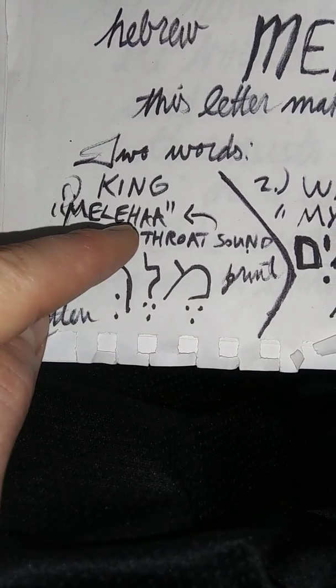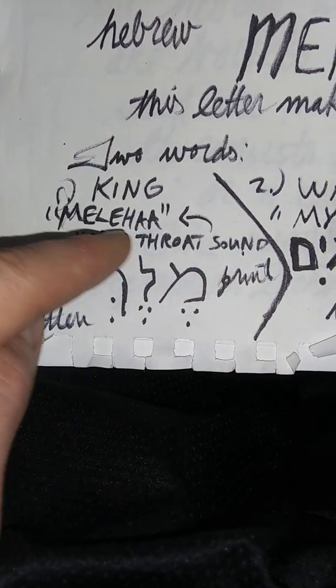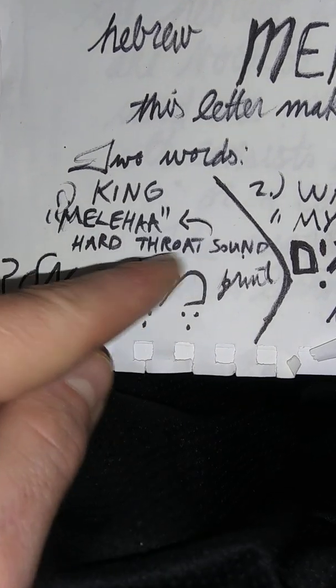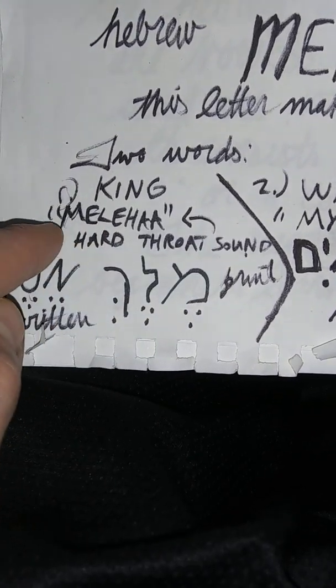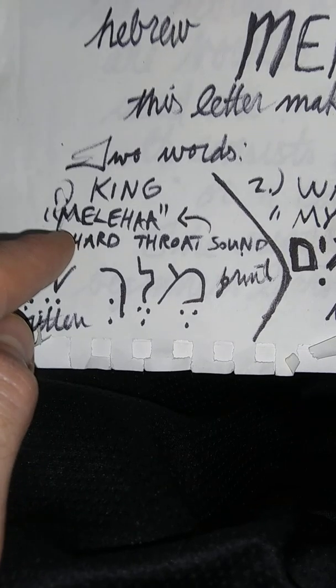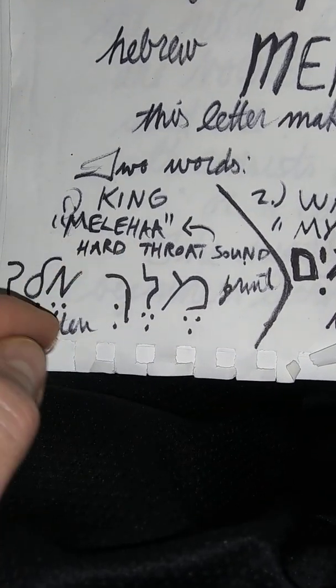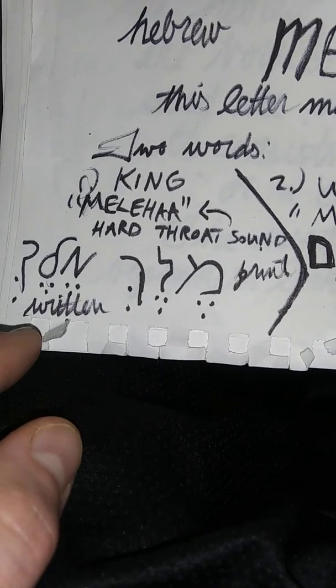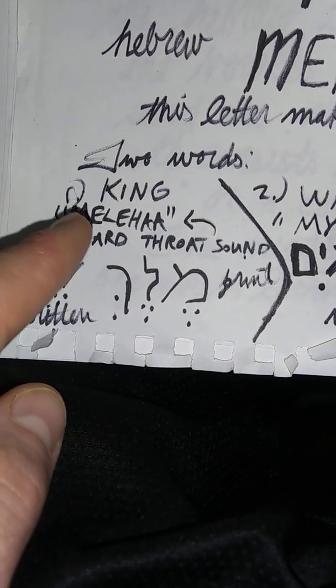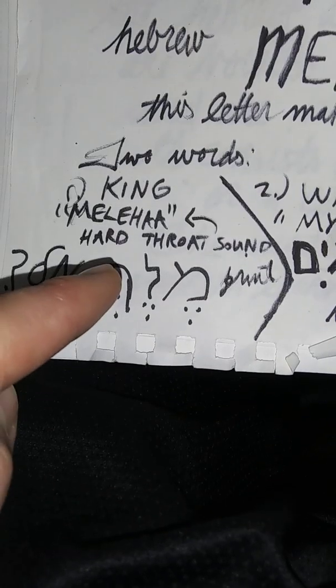So, melech, melech. Okay, so hard throat sounds. So, melech, melech. That's how it'd be, melech. Okay. So that's how this would be written, and this is the word king, melech, melech, king.